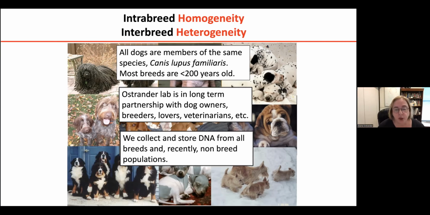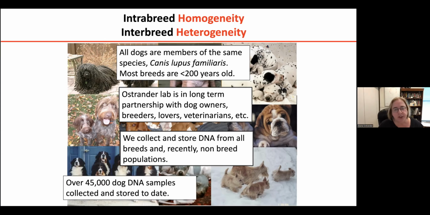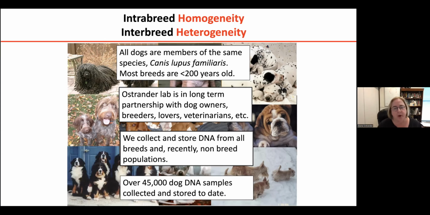My lab is in a long-term partnership with dog owners, dog breeders, dog lovers, dog veterinarians. We collect and we store DNA from all breeds, as well as from non-breed populations. We're not clinicians. We don't breed dogs. We don't keep dogs. We don't kennel dogs. This is a citizen science project. To date, my lab has over 45,000 dog DNA samples that we have collected and stored.